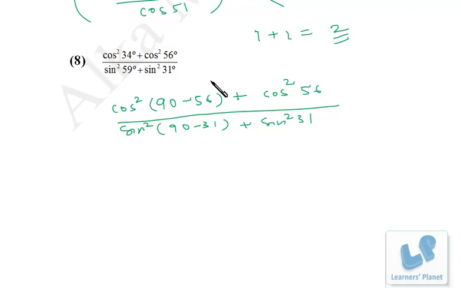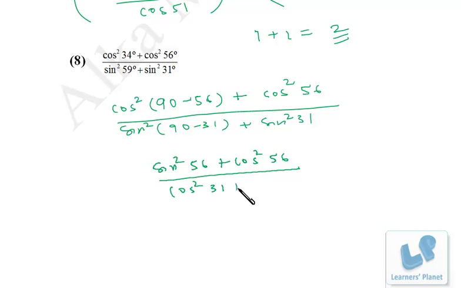Now cos(90 - θ) will be sin θ. So it's cos²(90 - 56) can be written as sin² 56 plus cos² 56 upon, similarly, sin(90 - θ) is cos θ. So it's cos² 31 plus sin² 31. Now sin² A plus cos² A, both of the angles are the same. So sin² A plus cos² A is 1 and cos² A plus sin² A is 1.